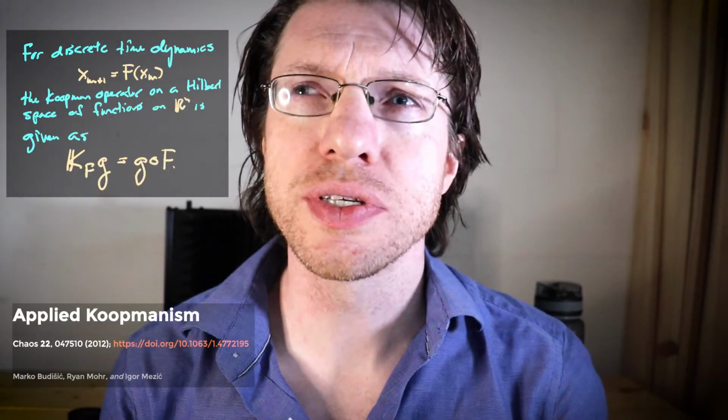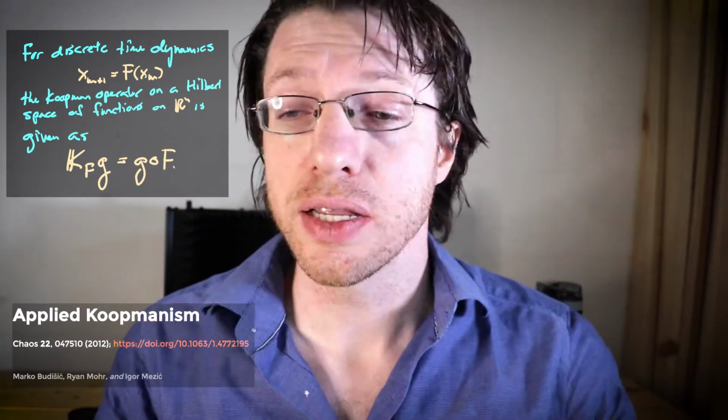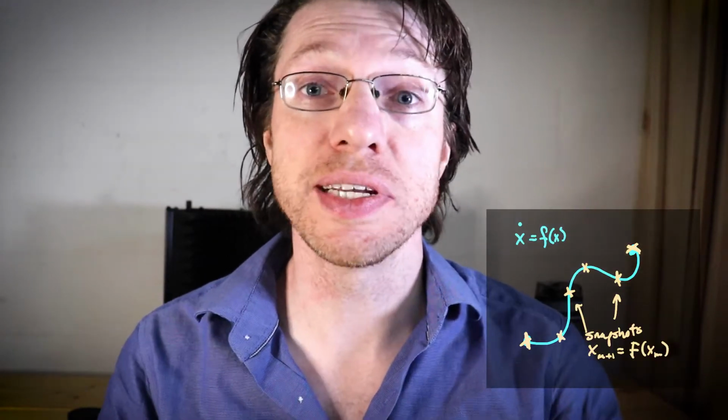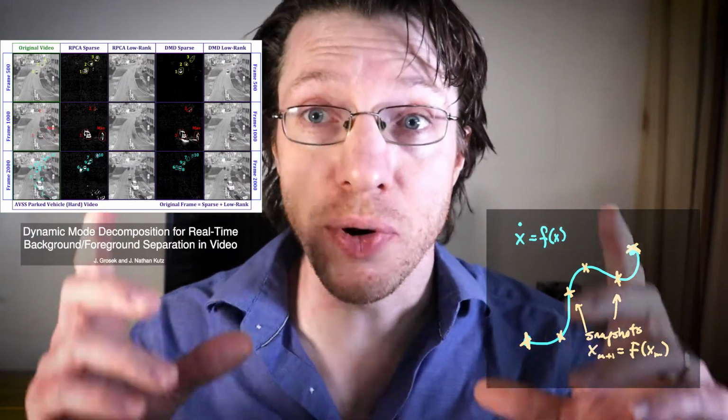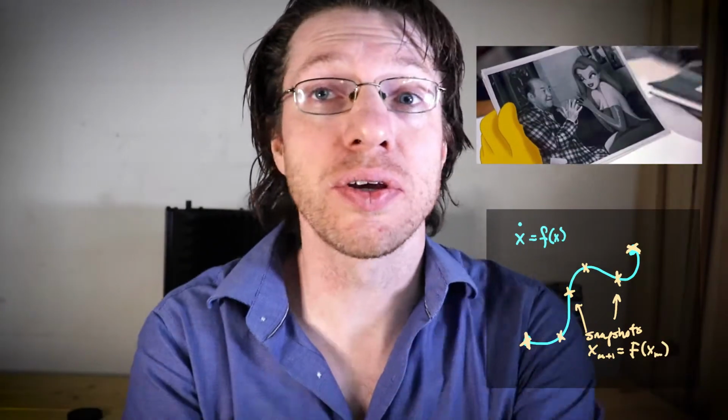So if you've seen any of my previous talks, you know that you can use the Koopman operator in order to sort of model a discrete time system. You're collecting data in the form of what are called snapshots. This could be a collection of stills from a video. It can be photographs, like in Roger Rabbit with the pictures of patty cake. And it could also be a collection of snapshots from a fluid dynamical system.